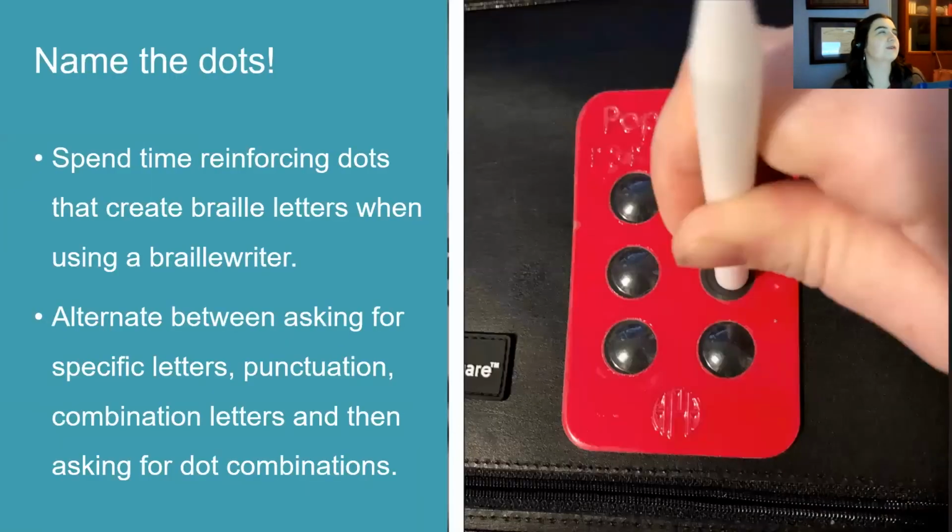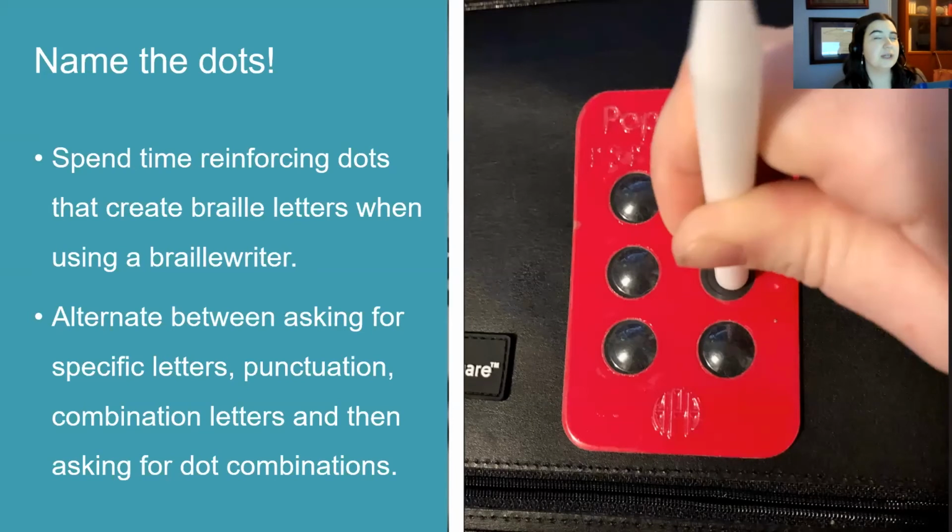So if we're talking about naming some dots, you want to spend some time reinforcing the dots that create the braille letters when even using your braille writer. And we already do this a lot of the time, and it's a very good practice to keep up.